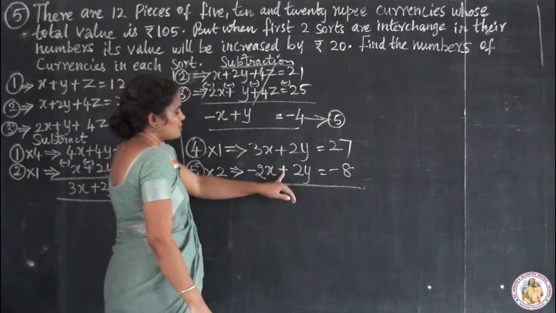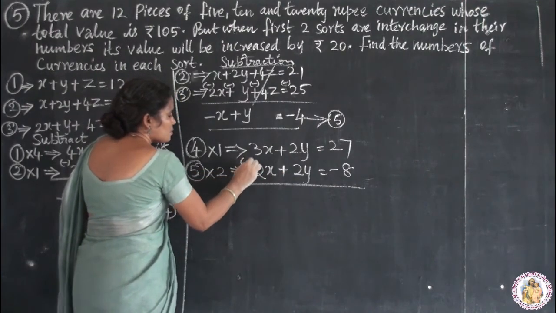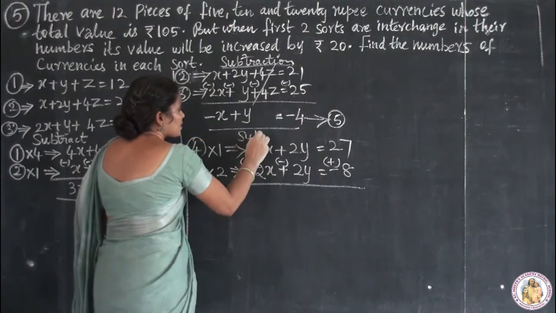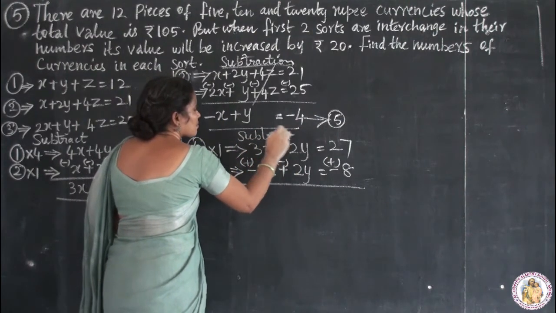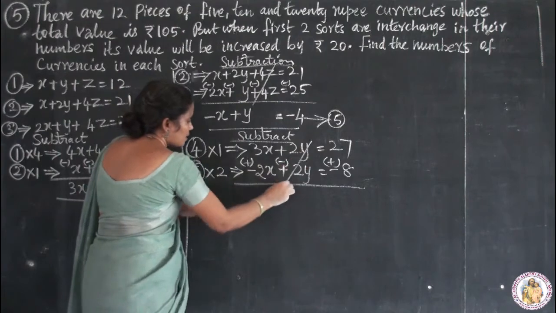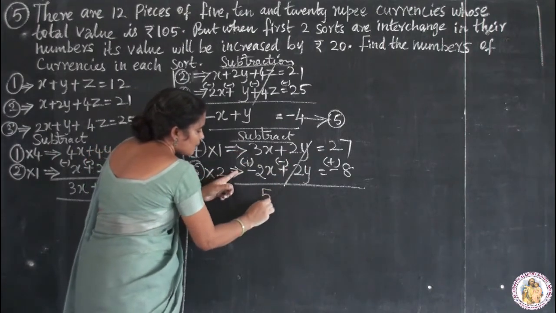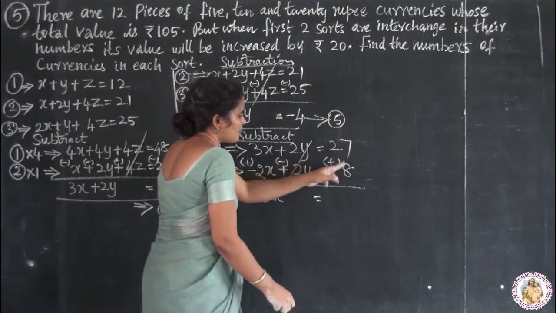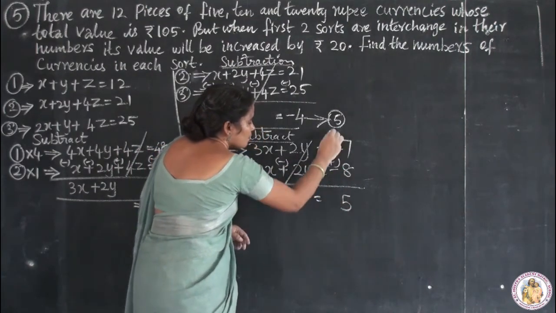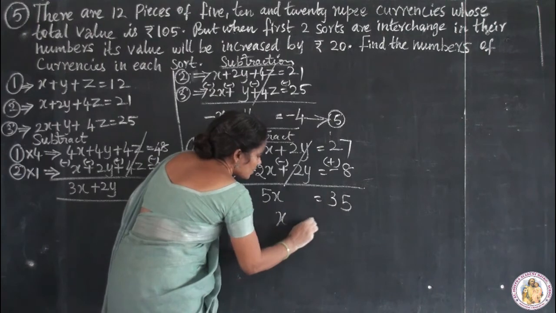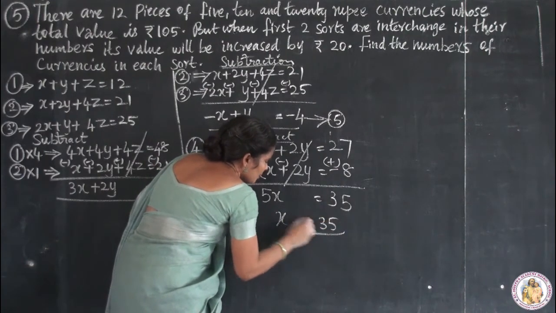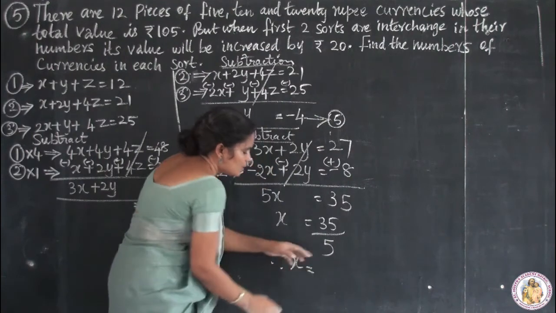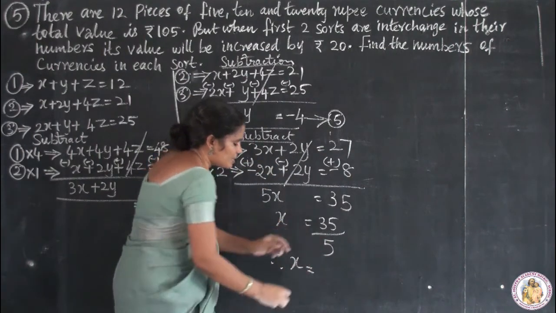Change the sign. So plus, minus, plus. Write as subtraction. Cancel. Same sign. 5x is equal to 27 plus 8. 7 plus 8, 15, 1, 35. x is equal to 35 by 5. Therefore, x is equal to 7, 5 7s are 35.